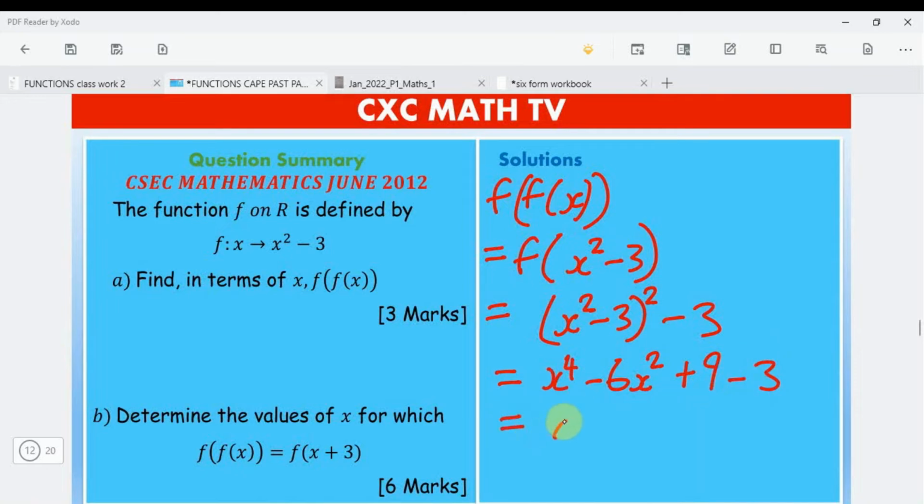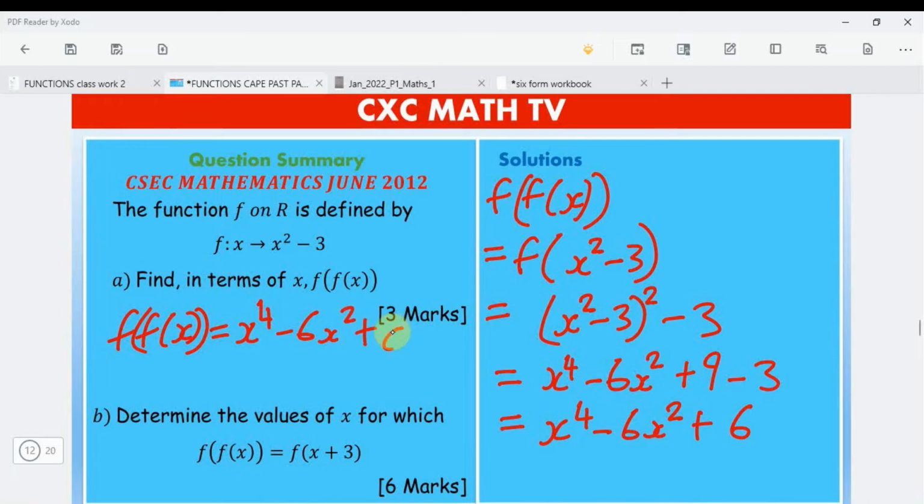This simplifies to be x to the 4 minus 6x squared, 9 minus 3 is plus 6. So that is f of f of x. f of f of x works out to be x to the 4 minus 6x squared plus 6. No problem. That was very easy.